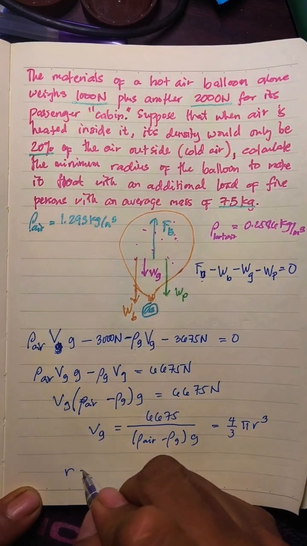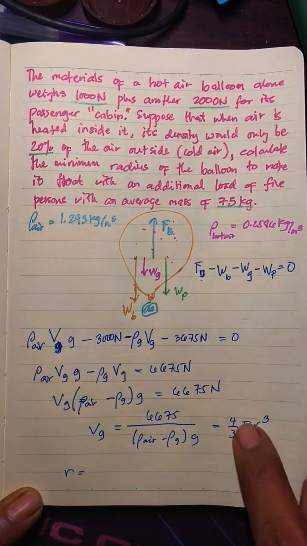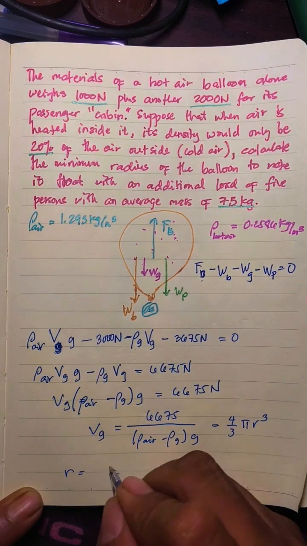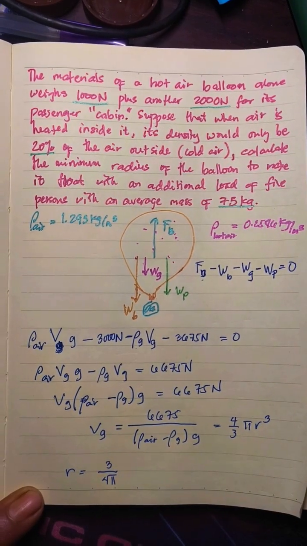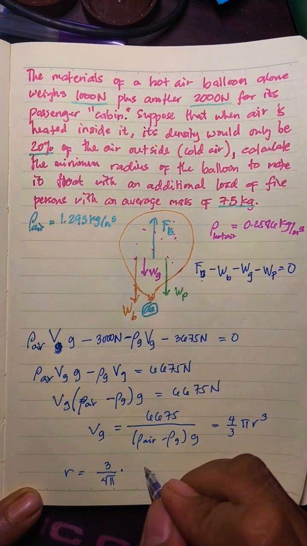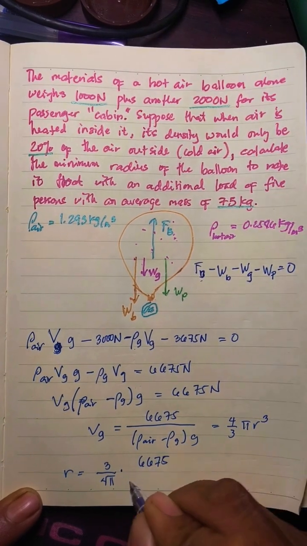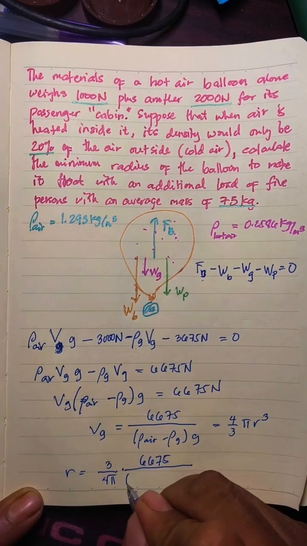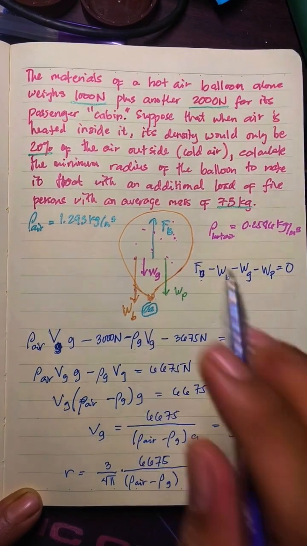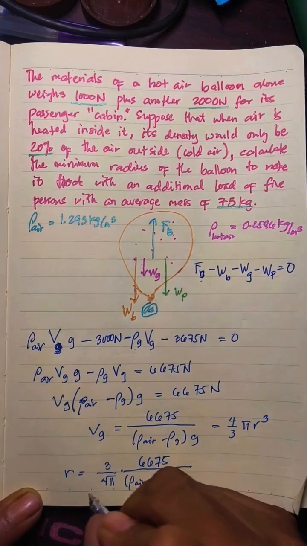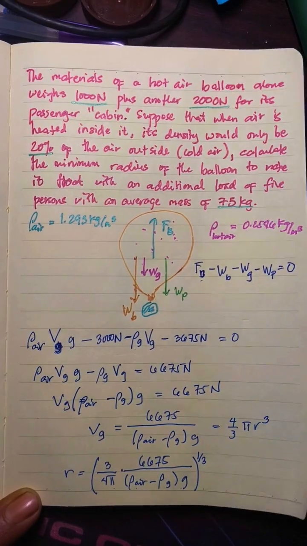If we do the algebra, you have 3 over 4 pi times 6,675 over the density of air minus the density of the hot air times g, all raised to the power 1/3, the cube root.